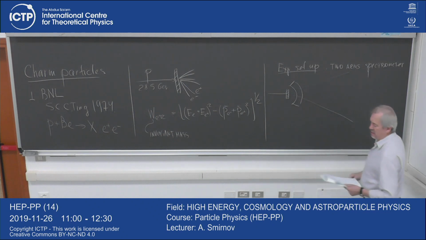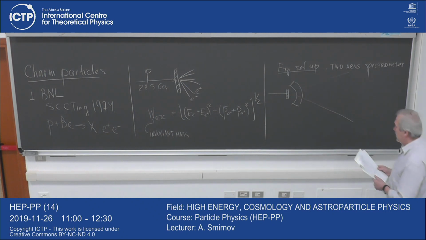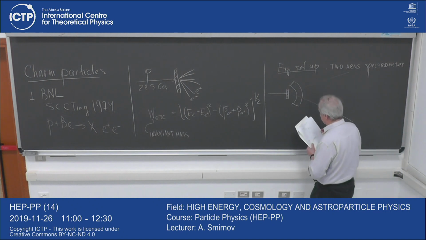And along the tracks of the electrons and positrons, there were several different detectors.